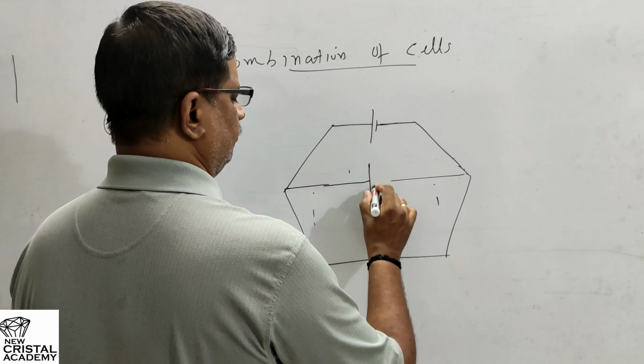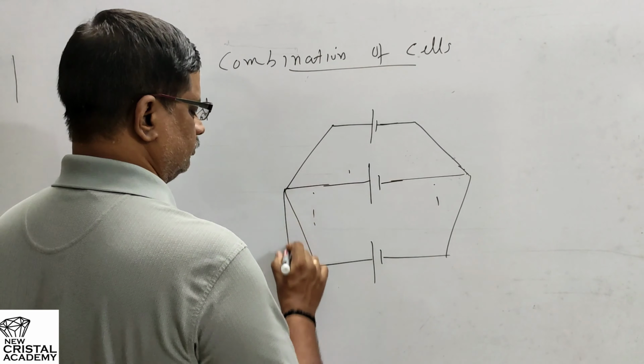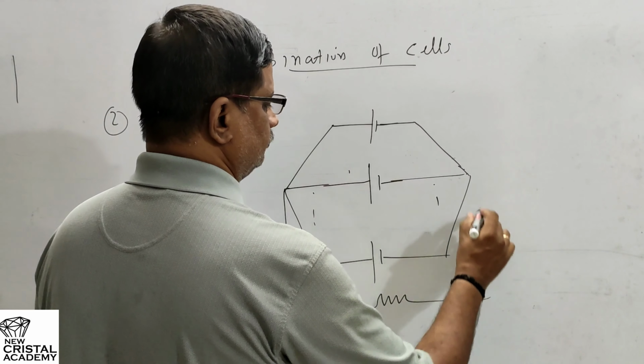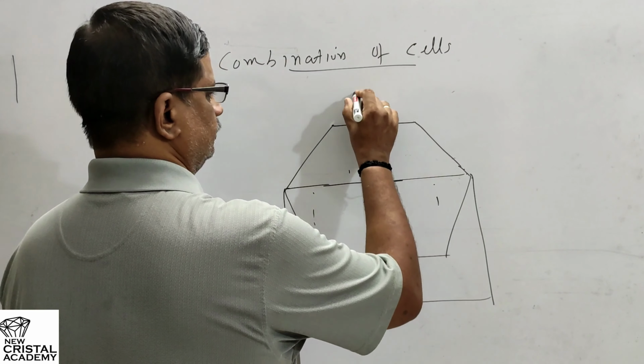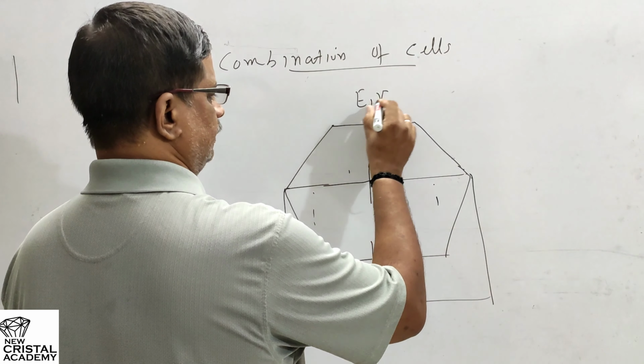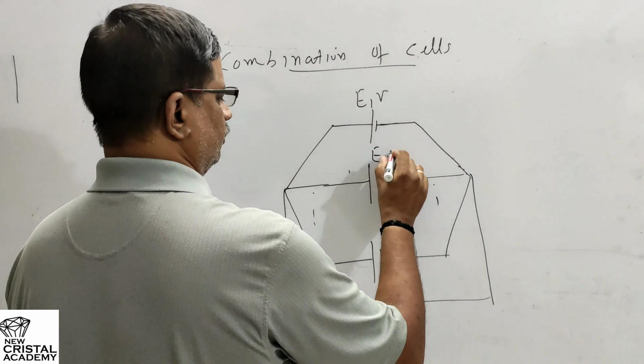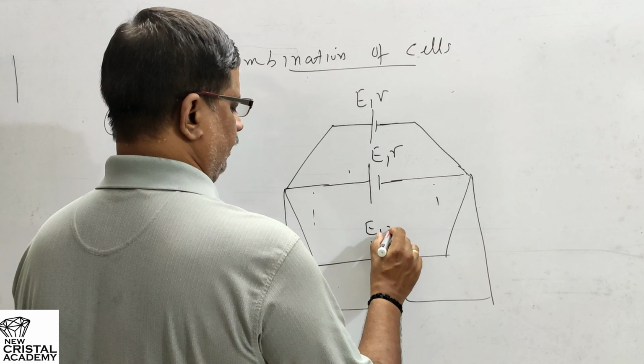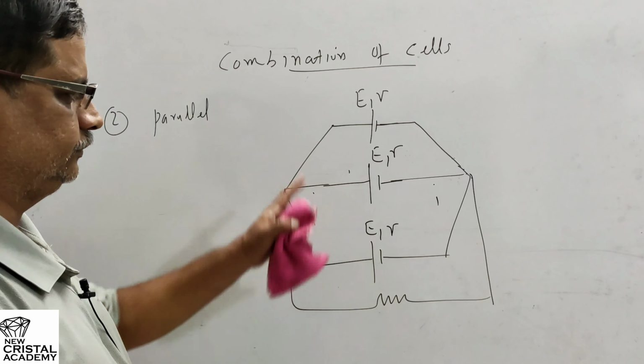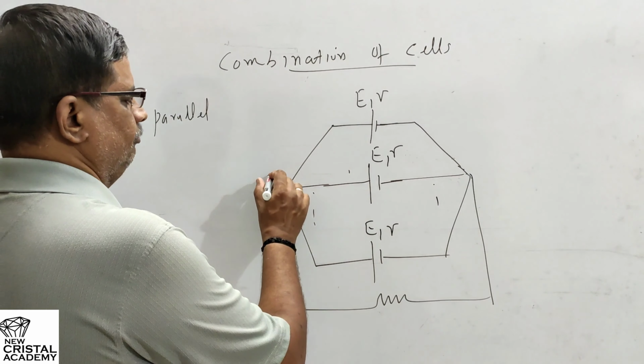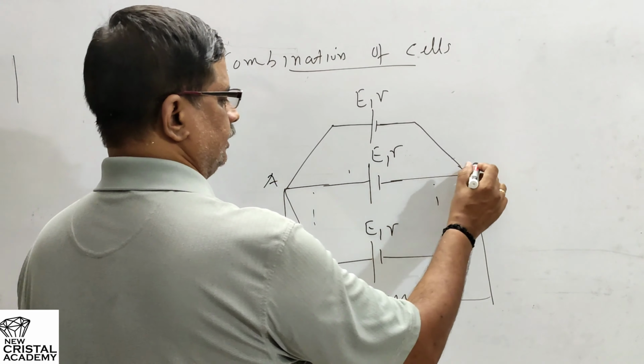We now connect them across a resistor of capital R. So this has an EMF E, internal resistance r. The other one also has the same EMF E, internal resistance r. All the n cells are connected in parallel between the two points A and B, and this is the external resistance R.